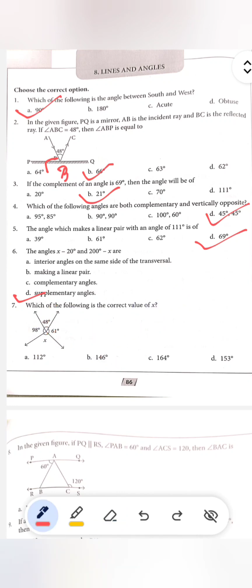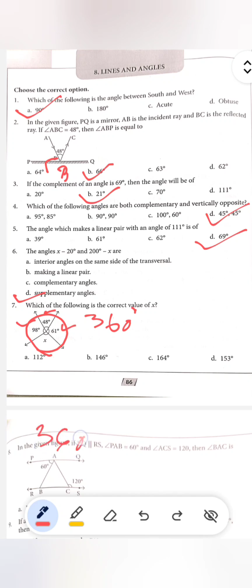Now come to the next question. Which of the following is the correct value of x? So here you can see that from one point some rays have come out. All the angles form a whole complete angle, and a complete angle is equal to 360 degrees. So now we will add these three angles and subtract from 360 degrees.